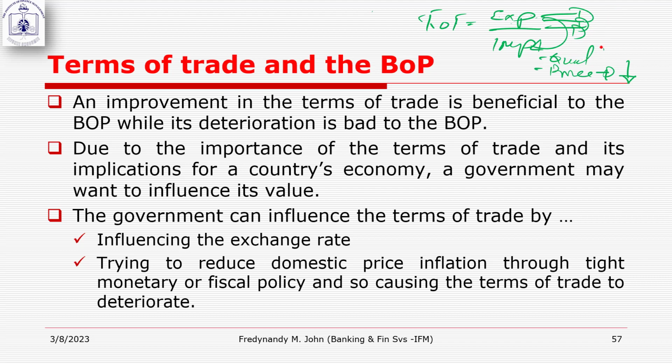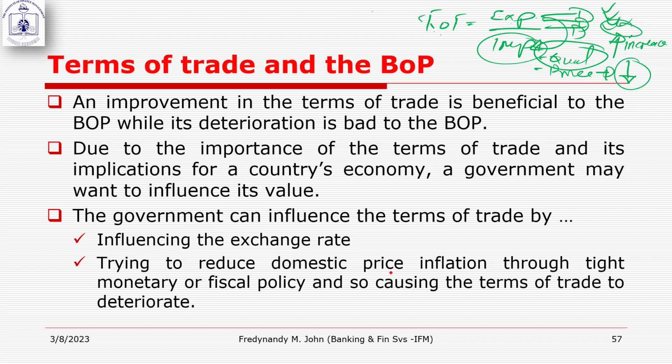So as long as they are quality goods, the demand will be high. The demand will increase because they are affordable to almost everyone. And by doing so, you will improve the terms of trade because now you're going to export more and more and use the export proceeds to finance imports. That way, you improve the terms of trade.